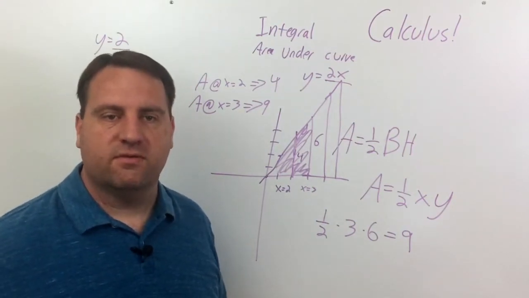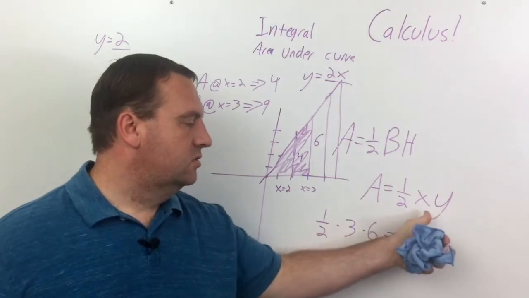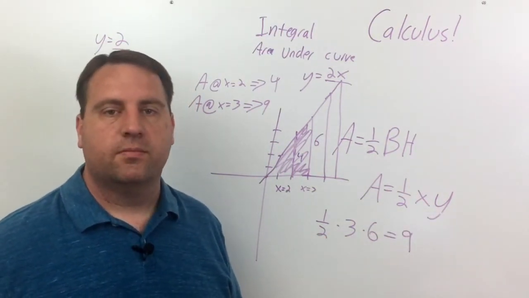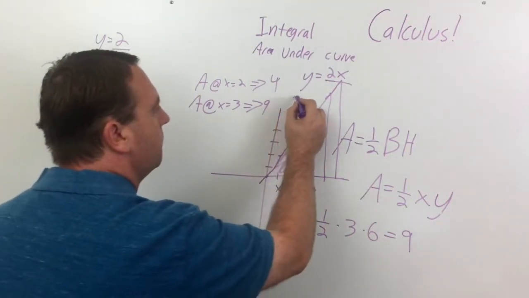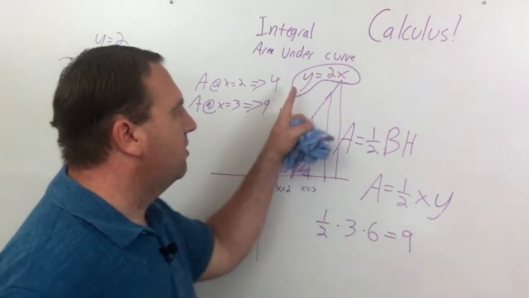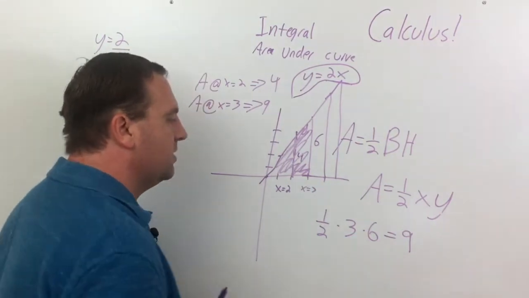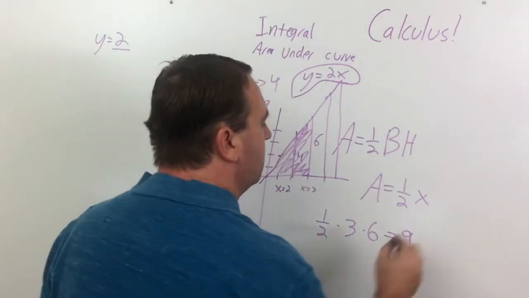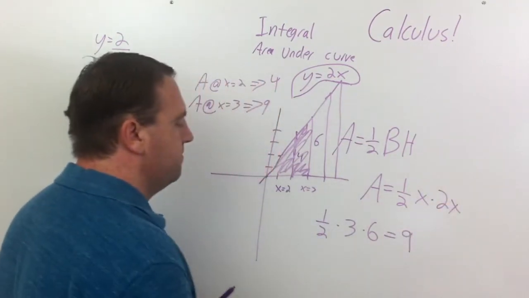Okay, well that's helpful, but it's not super helpful because we now have 2 variables here. So is there a way to get rid of one? Well, actually there is, because we have a formula up here which says that we can replace y at any point with 2x. So this becomes area equals 1/2 x times y, but y is 2x.